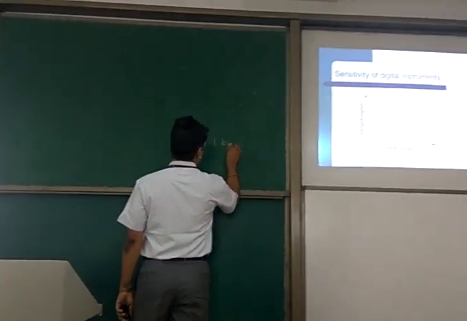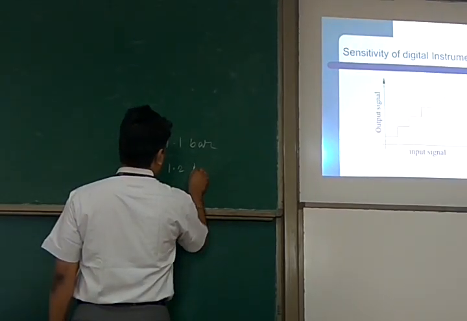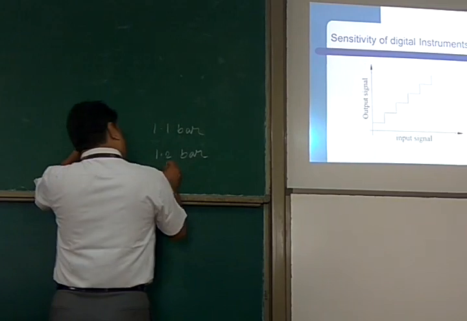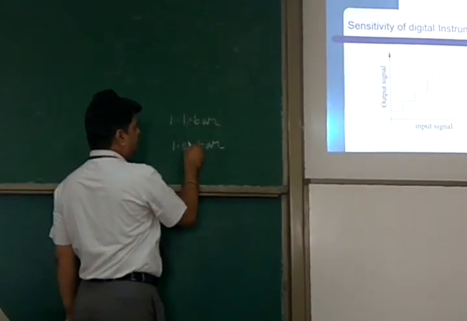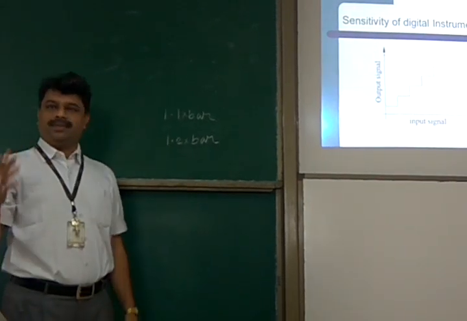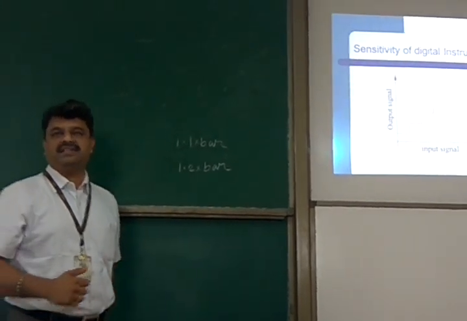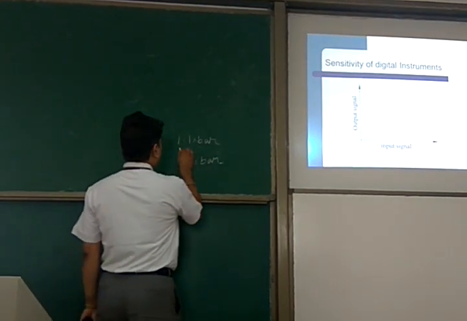Let us say our instrument is capable of measuring 0.1 only. The second decimal, it will not be able to measure. The capacity of our instrument is only that.